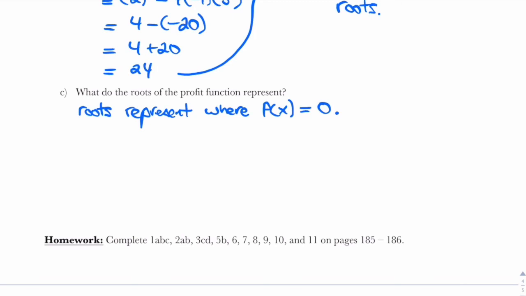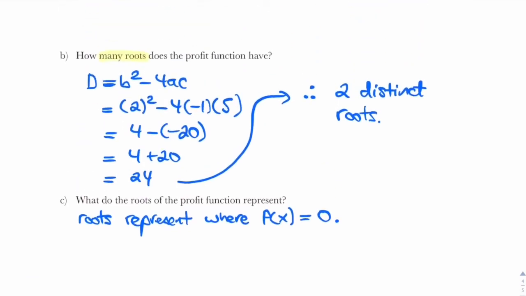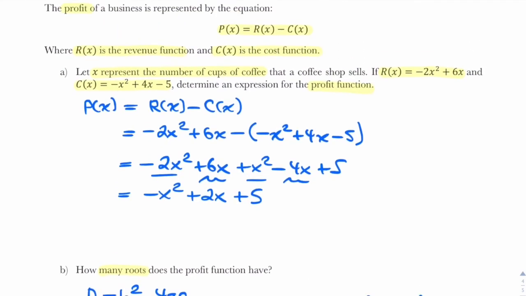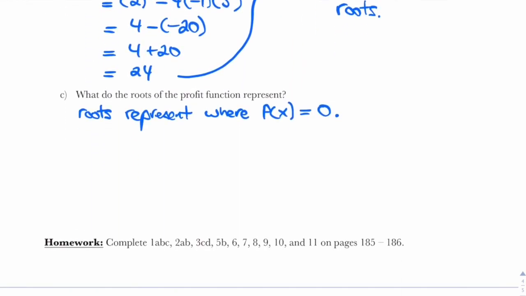So what the roots represent, let's go back a bit though. We're dealing with x, and our variable x, we were told, is the number of cups of coffee. So the roots represent the number of cups of coffee that you sell such that your profit is 0. Let's write that down. In business, we call those the break-even points.